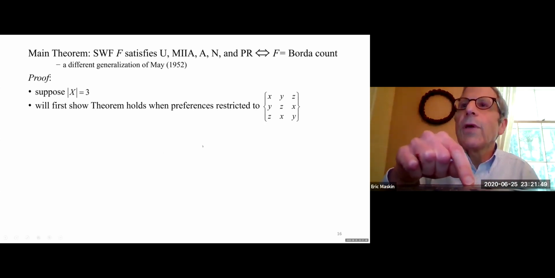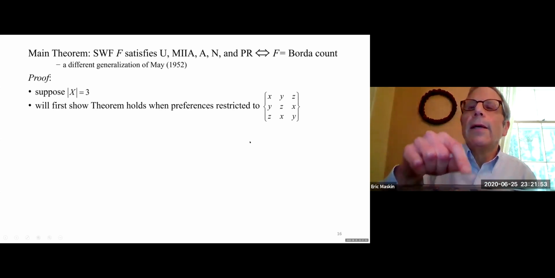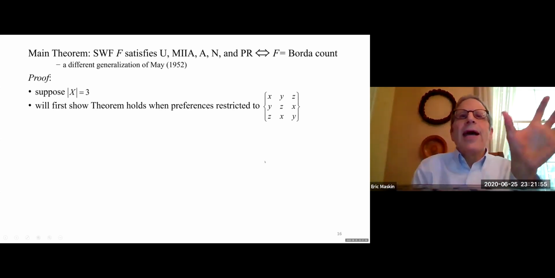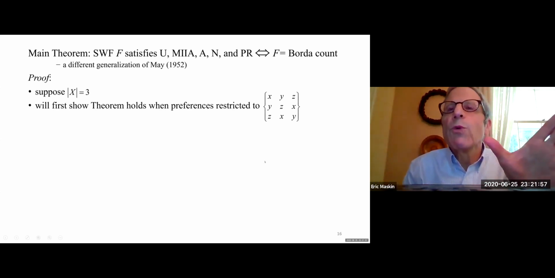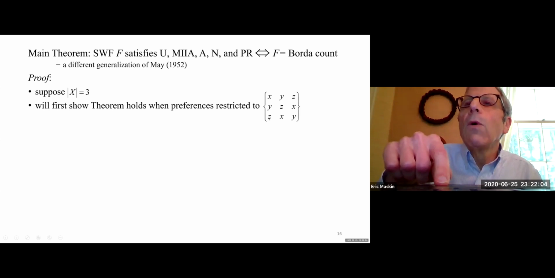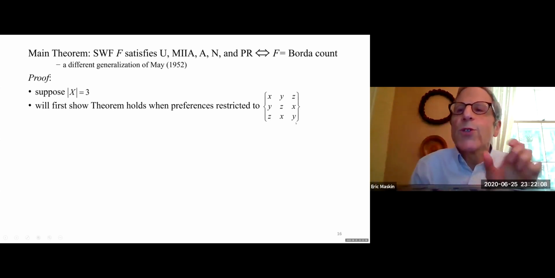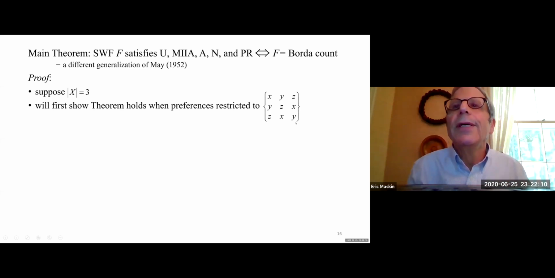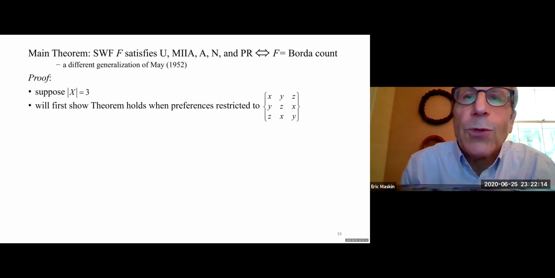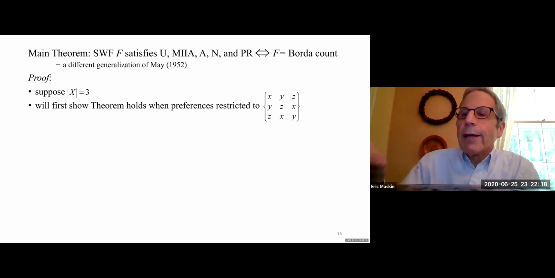Let me start out by imagining that people's preferences were restricted to this triple of orderings, XYZ, YZX, ZXY. This is the same Condorcet cycle that I was ruling out for majority rule in the first lecture.